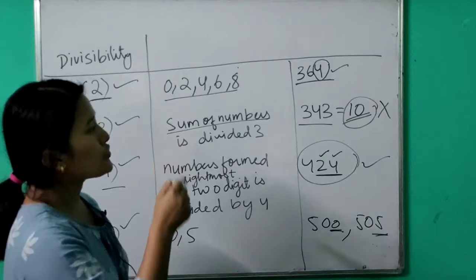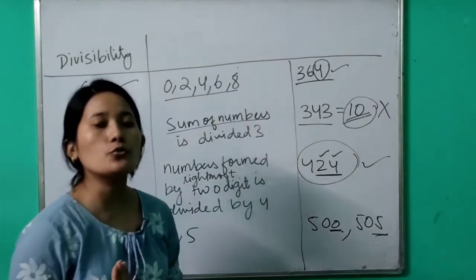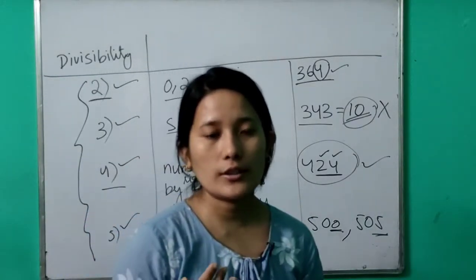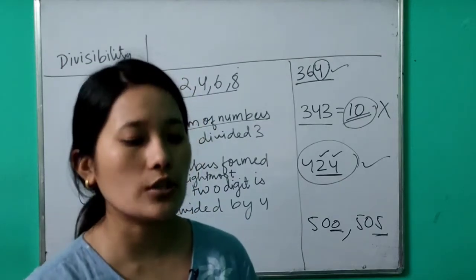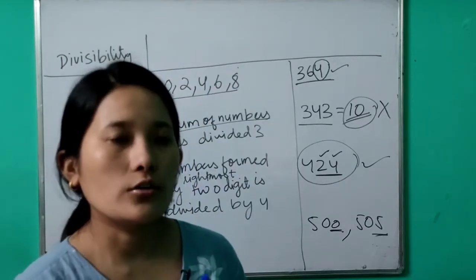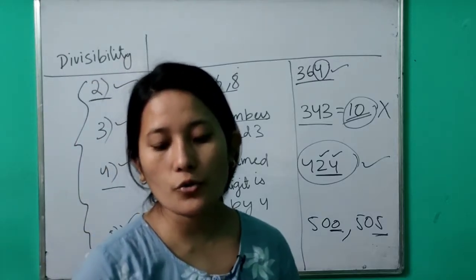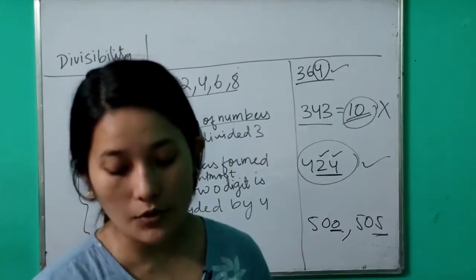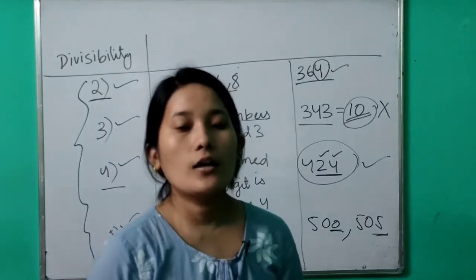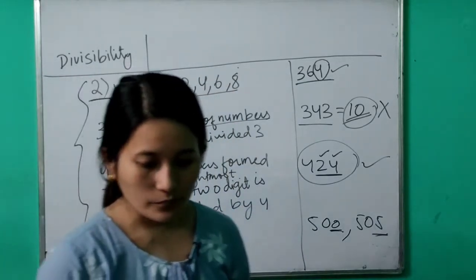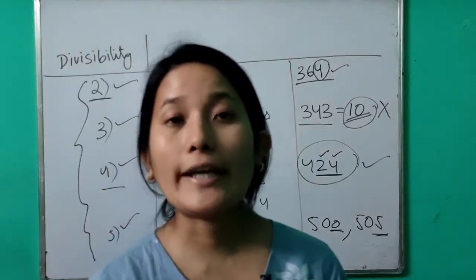So these are a few tricks which will help you, without carrying out the long division method, to easily find whether a particular number is divided by a few numbers or not. You can go through the other numbers given in your book, 6, 9, 10, 11, and try to check them also.